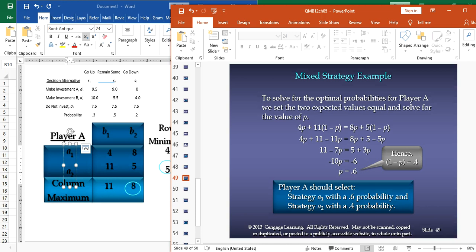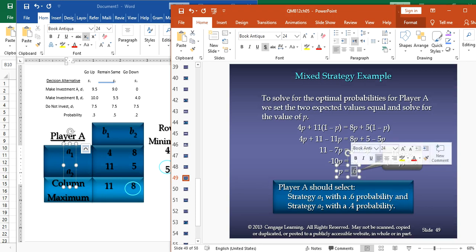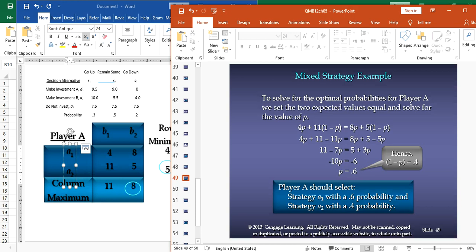So we deduct these negative and positive signs over here. 11 remains 11. 4p and minus 11p remains minus 11p. And then we solve for p. So we get 0.6. And then we understand that 1 minus p is equal to 0.40.